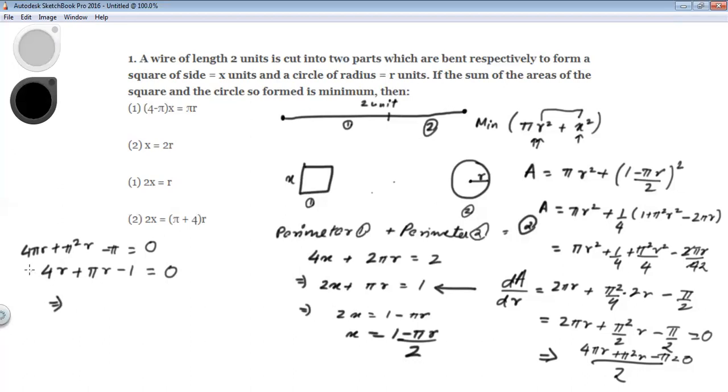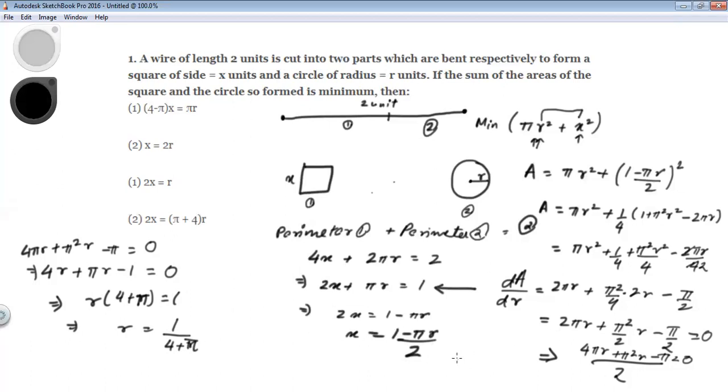So from this, if we take r common, (4 plus pi) r equals 1. So this will give us r equals 1 by (4 plus pi).